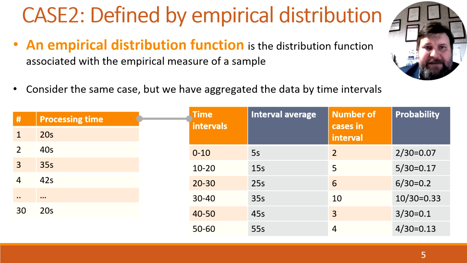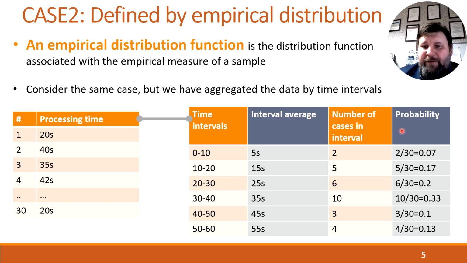In this case, the parameter is defined using an empirical distribution. Instead of using individual observations, we group the data into time intervals, as you're able to see, and for each interval we calculate how many cases fall inside the specific interval. You could see it here.